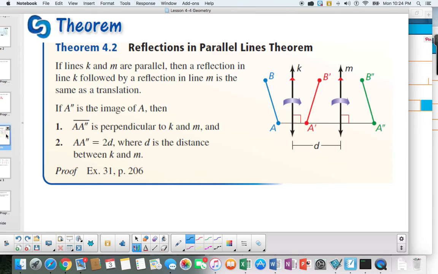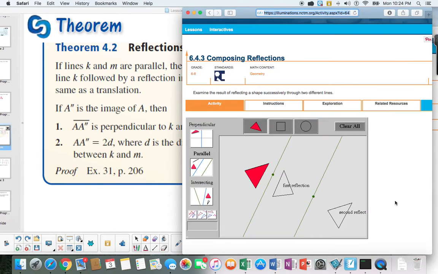Okay, reflections and parallel line theorems. Let's take a look at what happens if you reflect over two parallel lines. Let's take a look at this figure right here. I have my pre-image and I've reflected. That's my first reflection. And then here's another parallel line and I have reflected again.